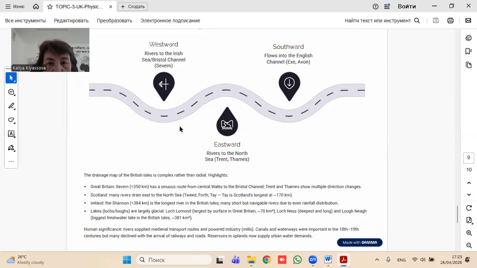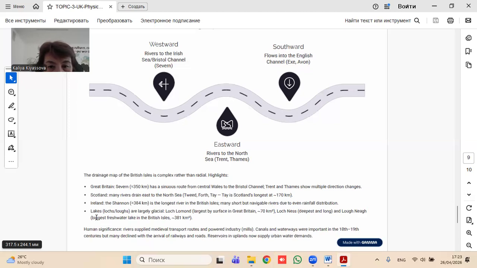And Tweed, Forth, and Tay, and in Scotland the longest at 170 kilometers. Okay, now the third is Ireland. The Shannon is the longest river in the British Isles, with many short but navigable rivers due to even rainfall distribution. Lakes, lochs are largely glacial.